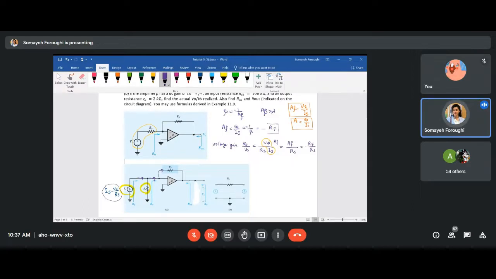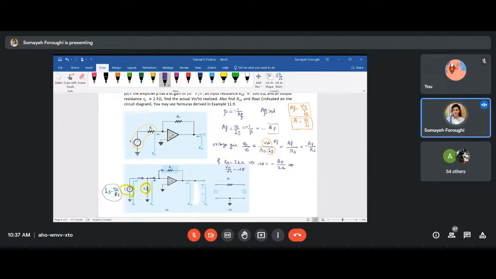And if the question says RS is 2K, so finally VO over VS will become, and the question also says the gain is negative 10, so this is negative 10, you have negative RF over 2K.